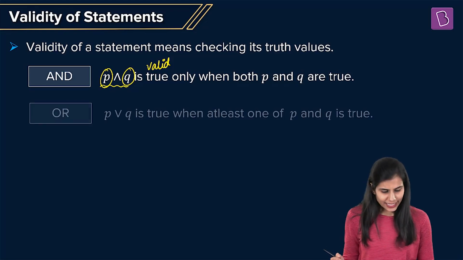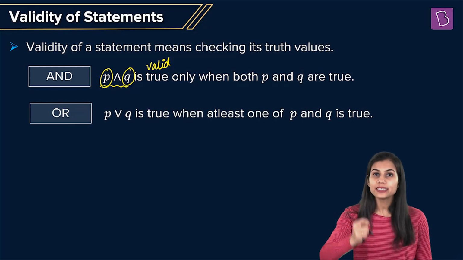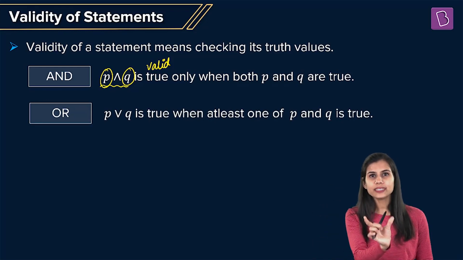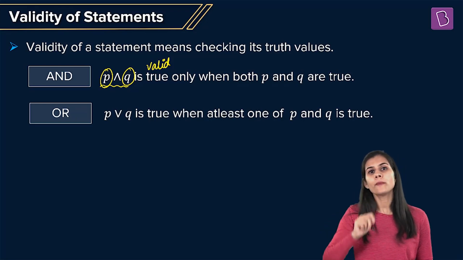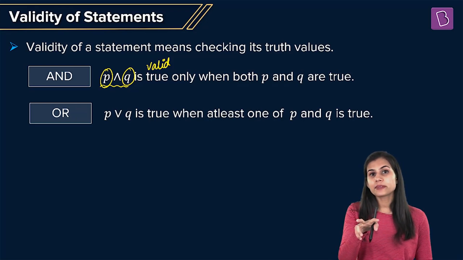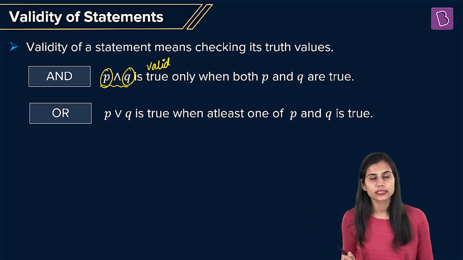Got it? Next, let's talk about the disjunction statements, which are the statements involving the or connective. The disjunction statement is true only when at least one of its component statements is true. If each of the component statements stands to be false, then the disjunction statement stands to be false.